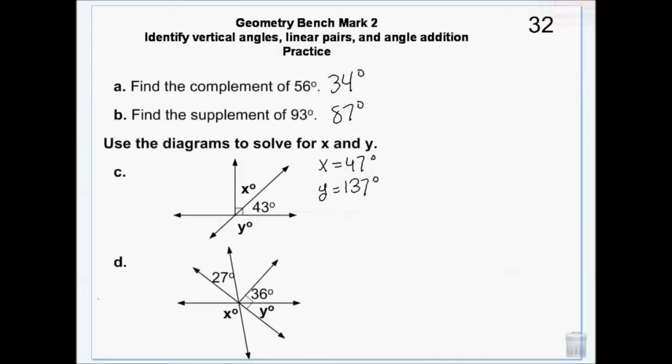With D, we've got one line this way, one here, and one here. What that tells me is that if I look at the green and the blue, these are vertical angles.